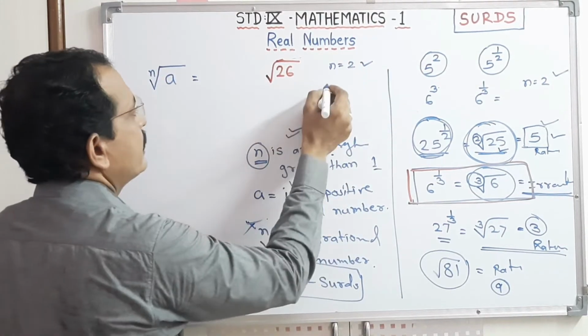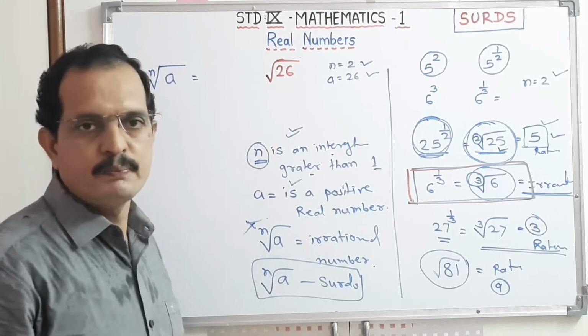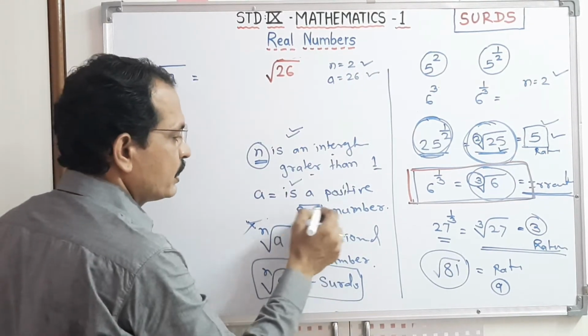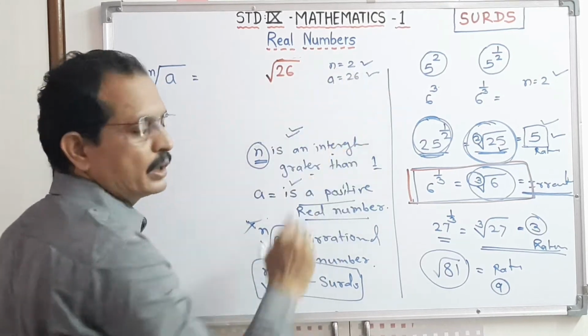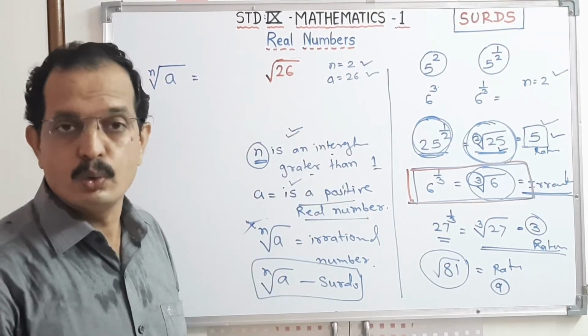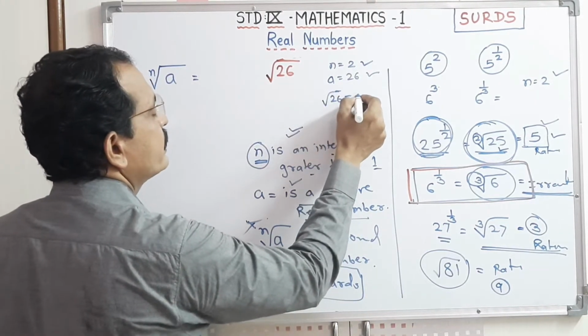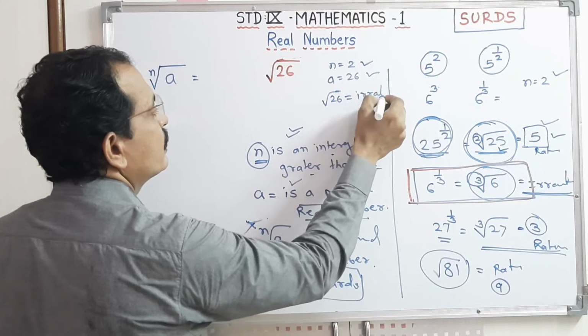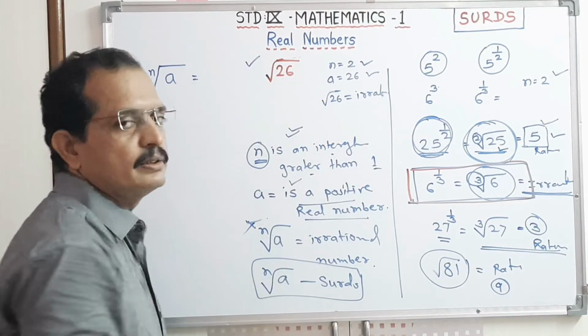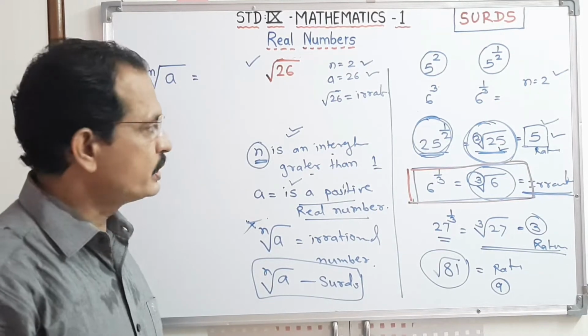Second condition is that this a is equal to 26. This 26 is a positive real number. Yes, it is a positive real number. And can we find out the square root of 26? No. Therefore that means the square root of 26 is an irrational number and therefore this is a surd. I think everyone understood this.